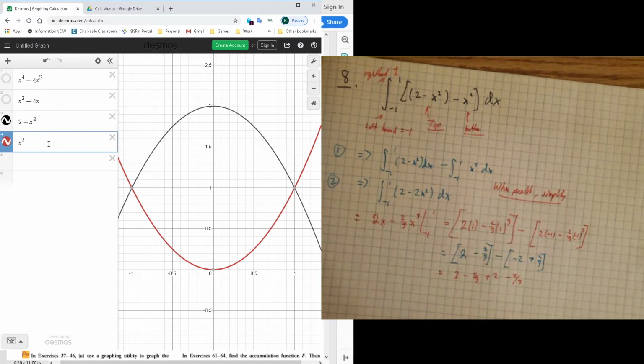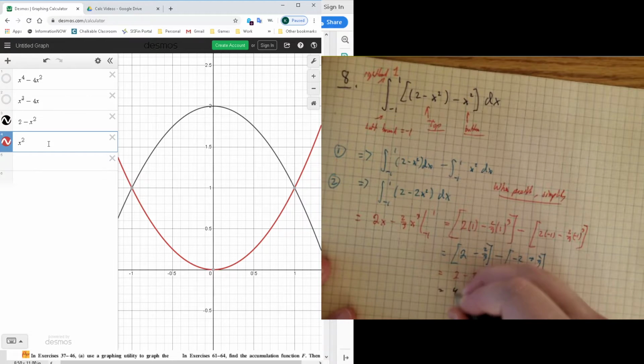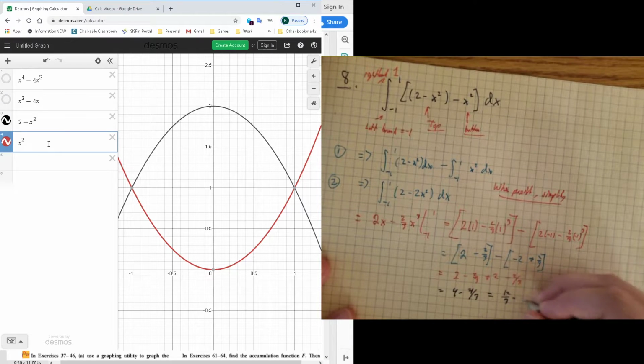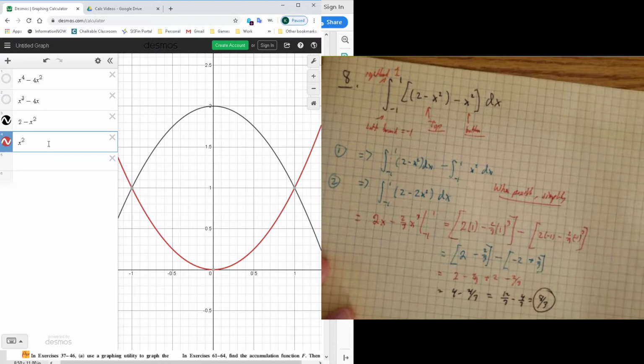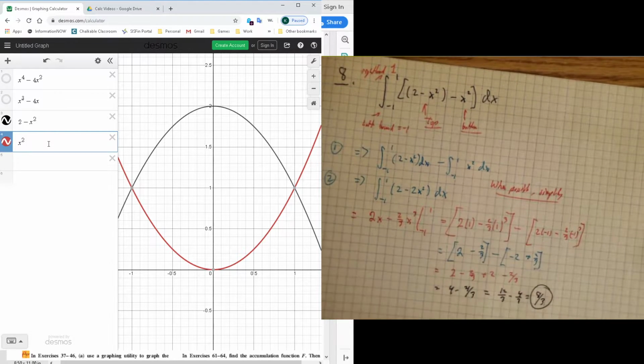And so I end up with 4 minus 4/3, or 8/3, which means that the area between these two curves, this little space in between these two, is 8/3.